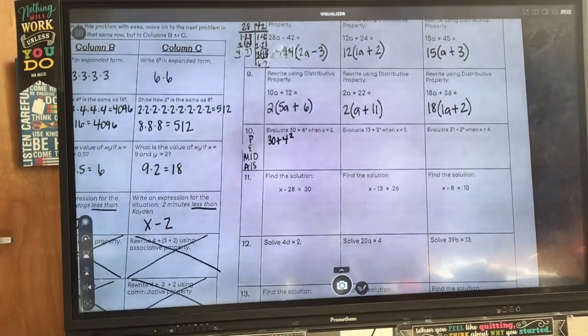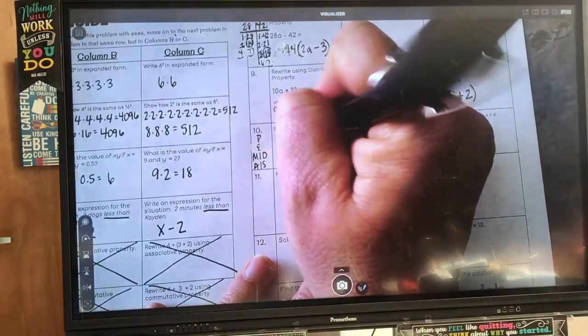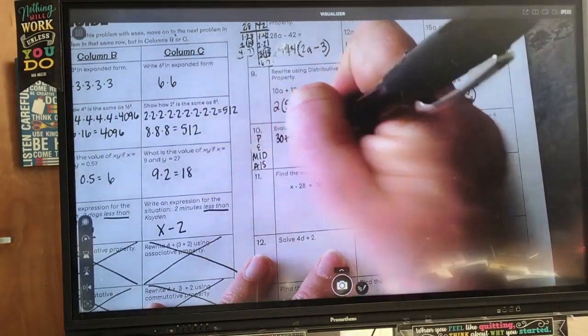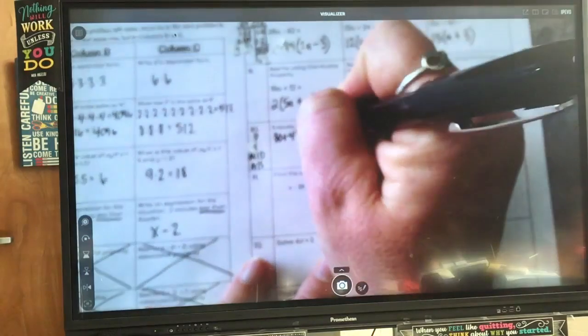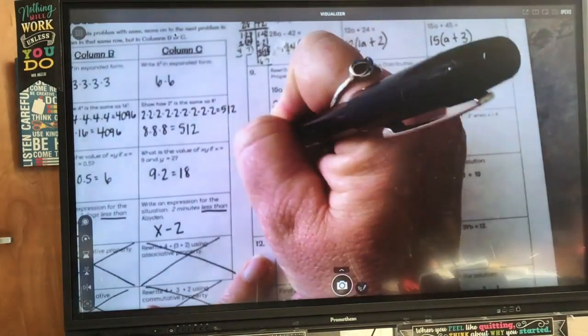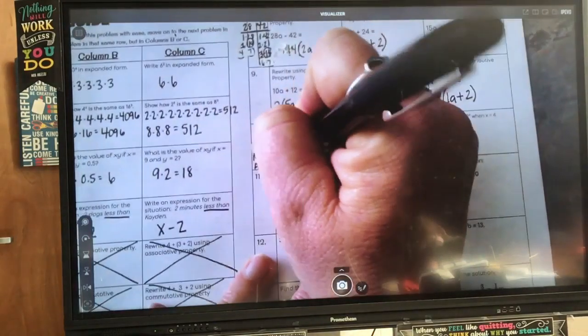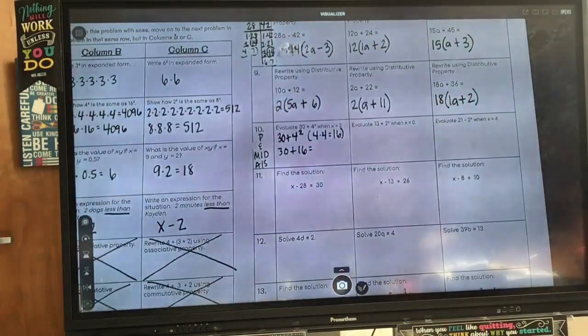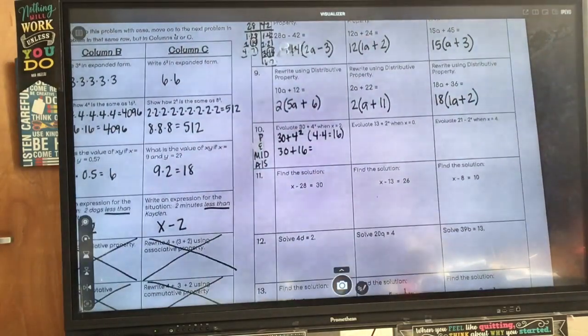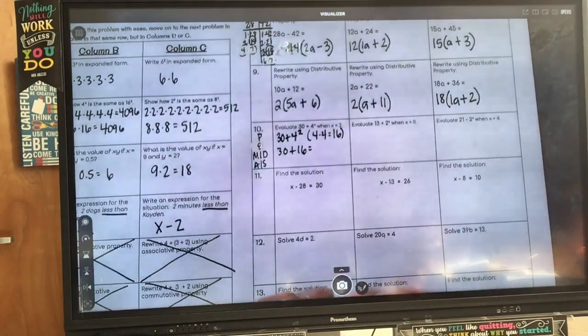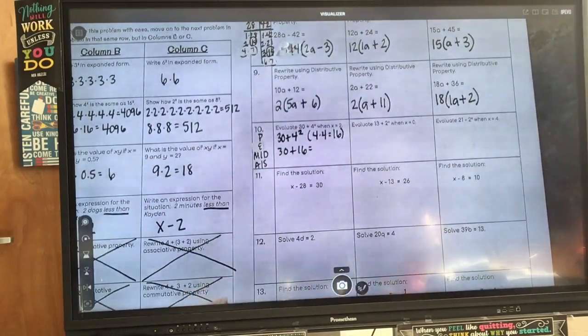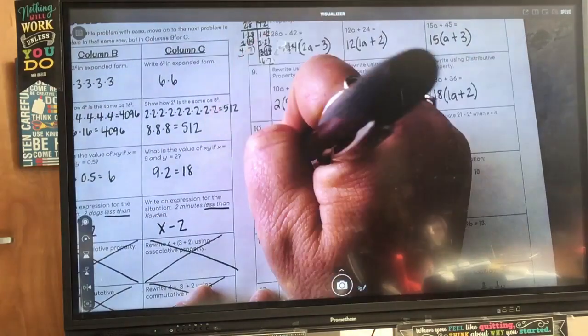Do we have parentheses? Do we have exponents? Yes, we do. So we're going to do 4 times 4, which equals what? 16. So then this becomes 30 plus 16. And then we don't have multiplication or division. We do have addition. What is 30 plus 16? Java. 46.